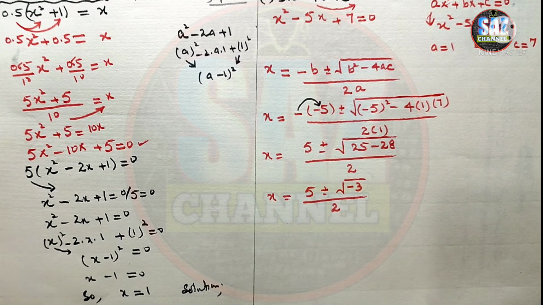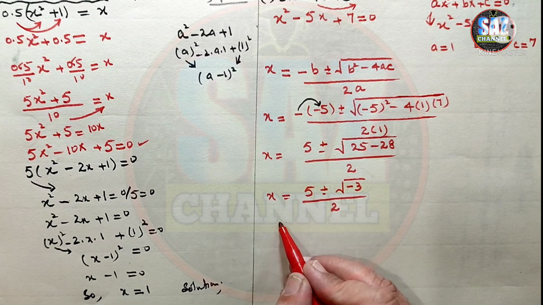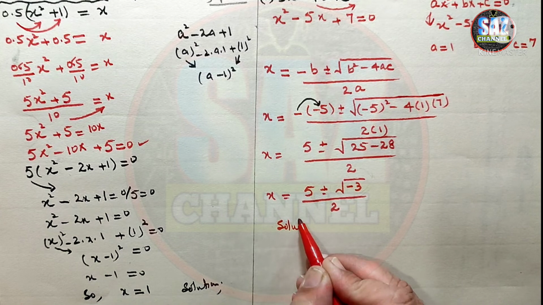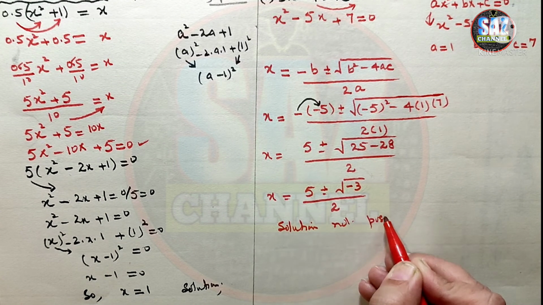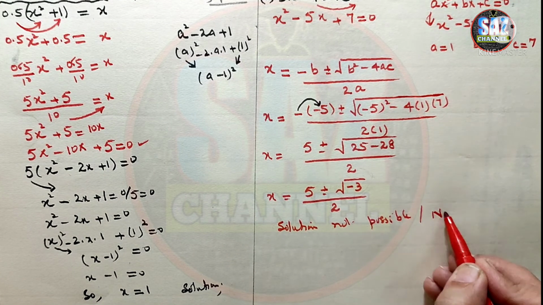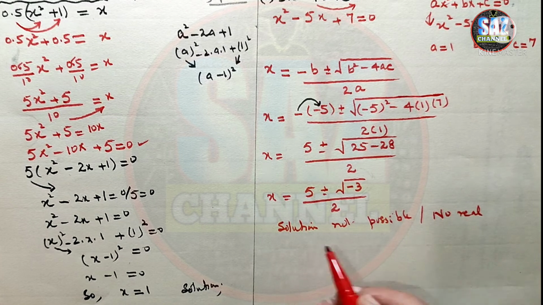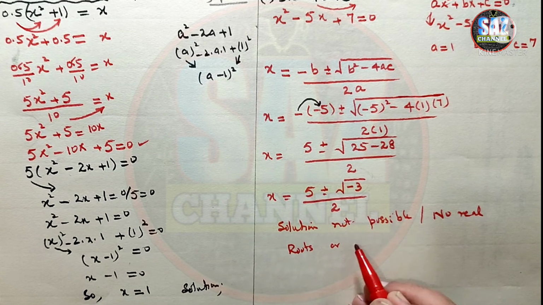And here we have to write that the solution is not possible, or no real roots, or complex roots.